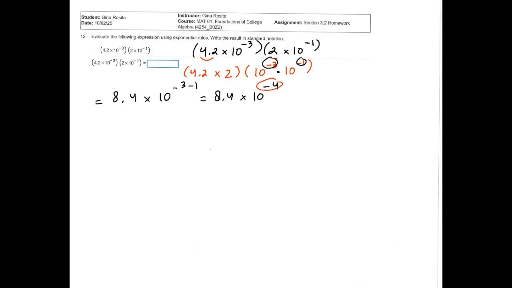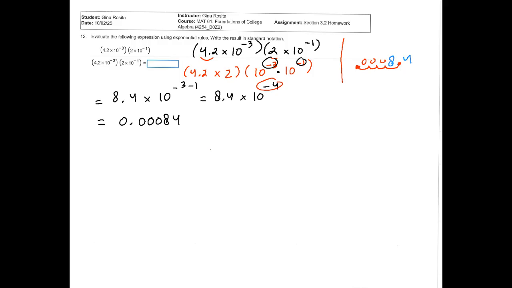So 8.4, it means you move to the left by 4 from this point. Yeah, 1, 2, 3, 4. Okay, so you just put this dot, 1, 2, 3. Okay, so the answer equals 0.00084. Okay. This is for number 12.